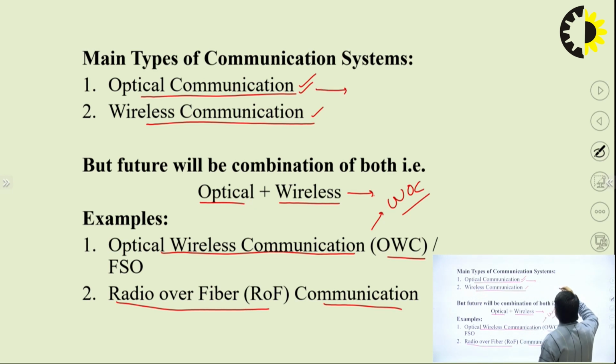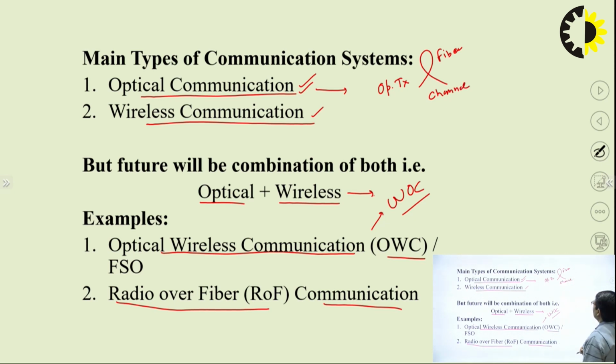system what we have is, we have an optical transmitter, then we have optical fiber as the channel, then in the receiver side we have optical receiver.